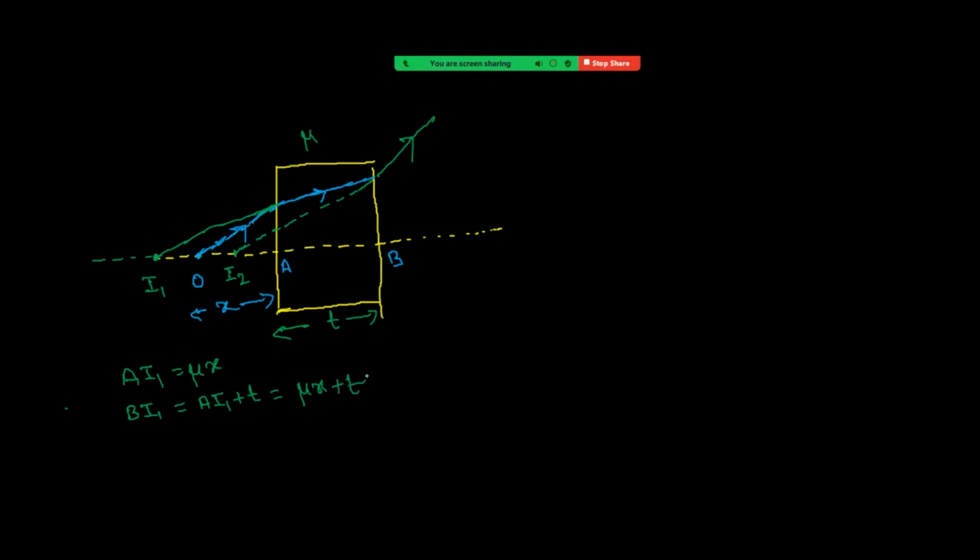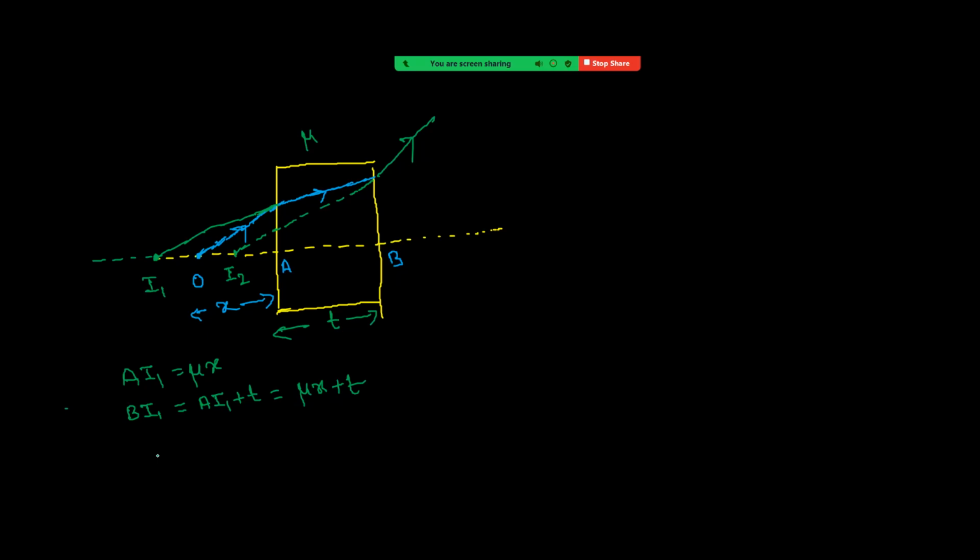Now see carefully. The distance of I1 from B is mu x plus T. When light rays are coming from a denser medium and entering a rarer medium, that distance appears to be 1 by mu times, right? So this is what we have learned while discussing apparent depth.